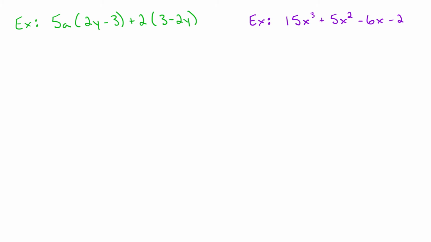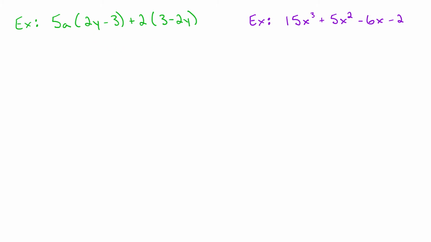So my first problem, in green, I have 5a times the quantity of 2y minus 3, plus 2 times the quantity of 3 minus 2y. Now this looks very similar to the problem I just got done doing, but there's a little hitch to it. This is a 2y minus 3. This is not a 2y minus 3. They're very similar, but they are in fact different.